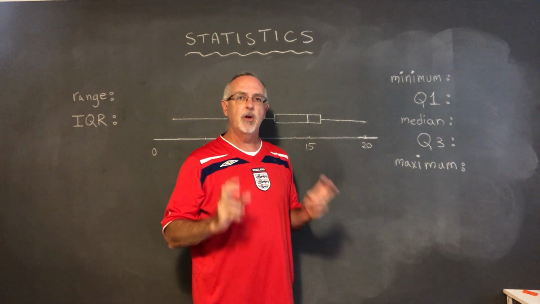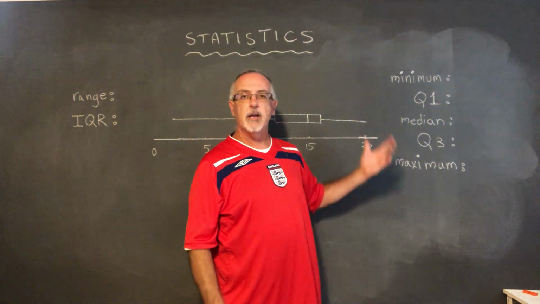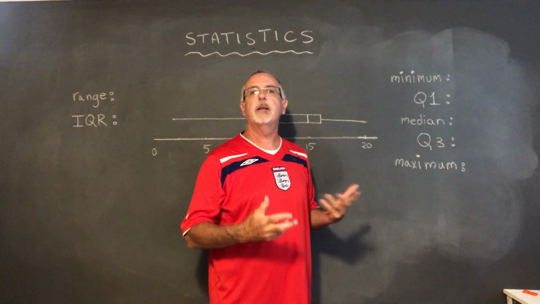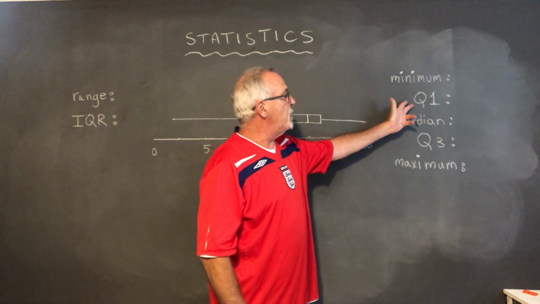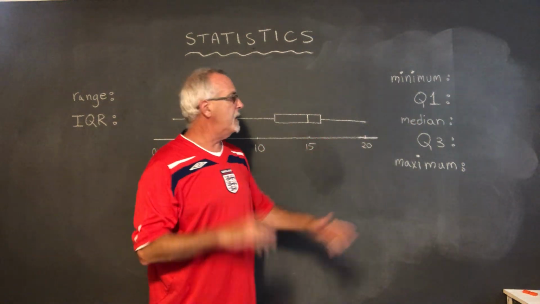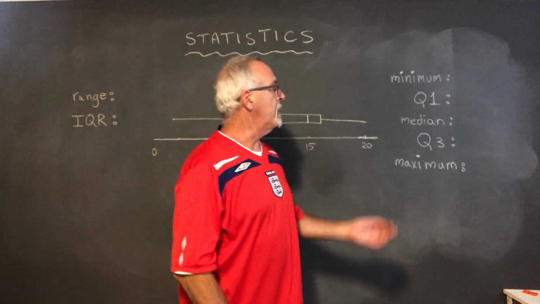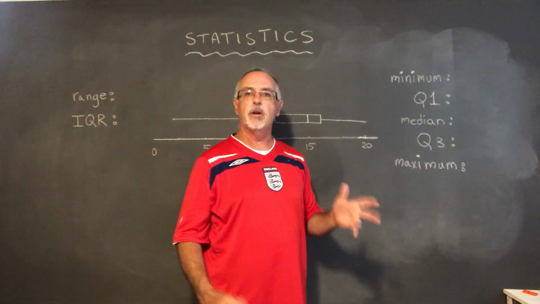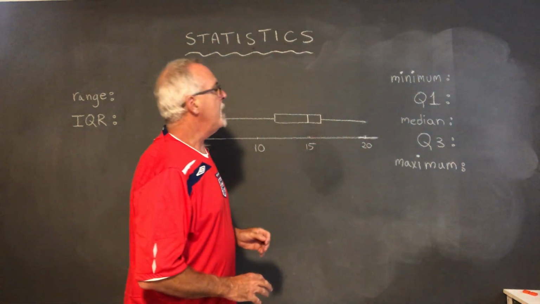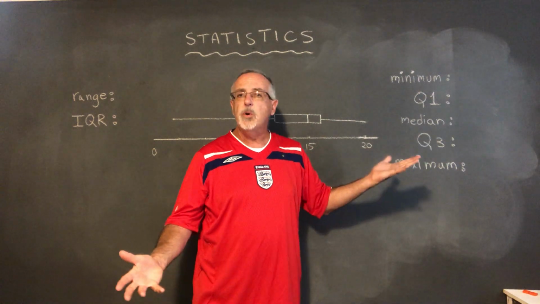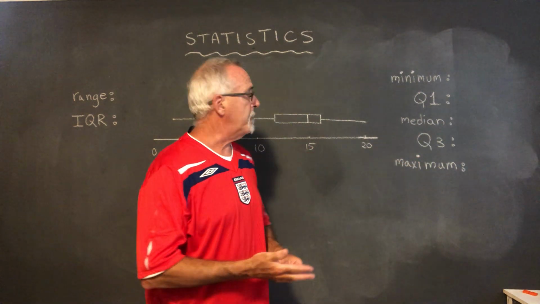I hadn't been calling them Q1 and Q3, but that is another way of calling them. Q1 is the median of the lower half of the data, Q3 is the median of the upper half, and we can call them the first quartile and the third quartile if we wish. Median can also be called Q2. It's an alternate name, it means the same thing.